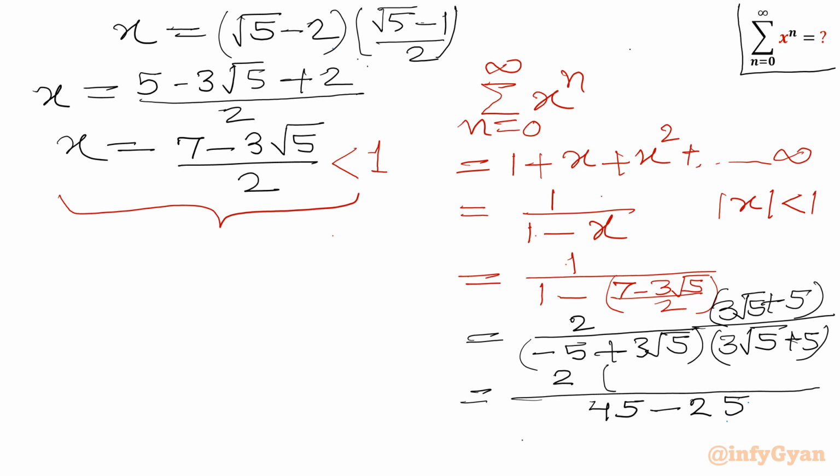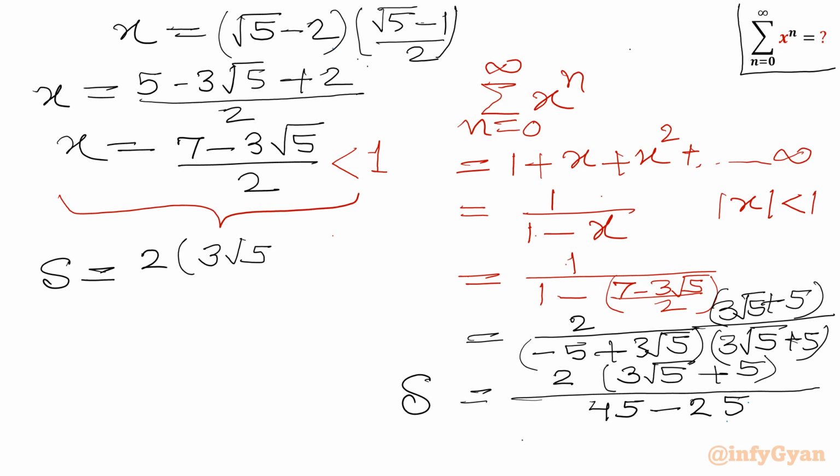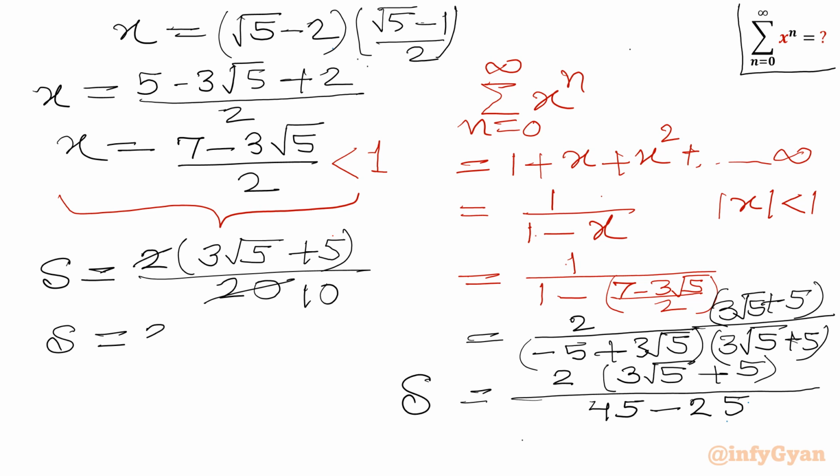Numerator is 2 times (3√5 + 5). Now denominator is 20. Let me write here sum S equal to 2 times (3√5 + 5) over 20. We can cancel; it will be 10 in the denominator. So our answer for the sum would be (3√5 + 5) over 10.